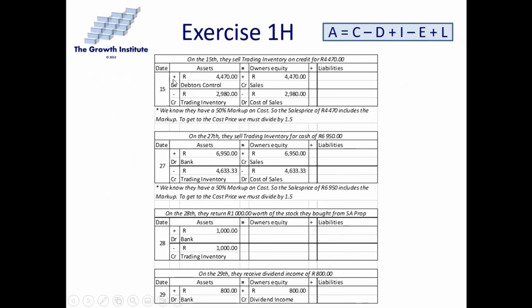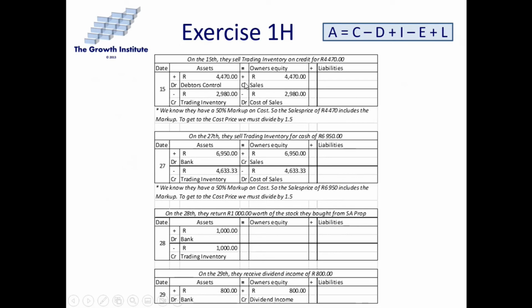It's increasing on the debit side to the tune of 4,470. And at the same time, our owner's equity is increasing with the same amount, and it's an income account called sales. So our income account is sales, our asset account is debtors control, and obviously they must be the same.